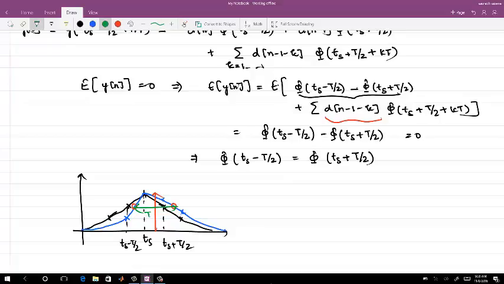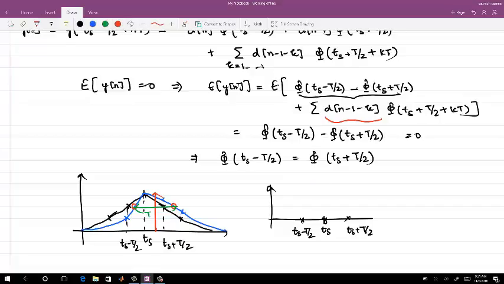If you are a bit concerned, let me just show you. Let me mark this point: Ts, Ts plus T by 2, and Ts minus T by 2.